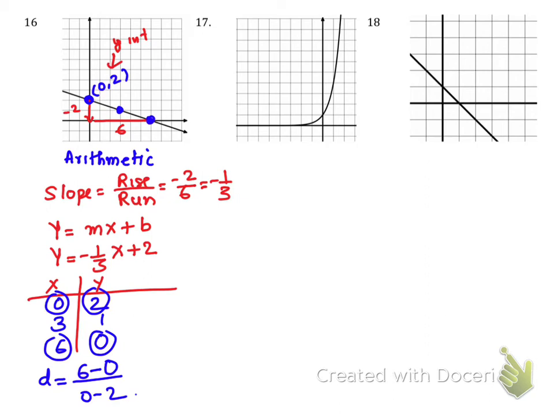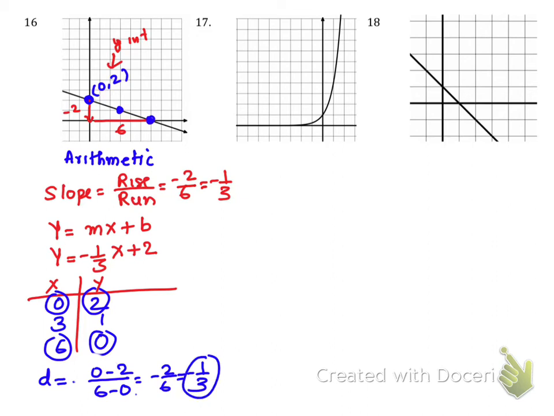So y's distance goes on top: it's going to be 0 minus 2 over 6 minus 0. And that's negative 2 over 6, which is negative 1 over 3. So that's a common difference.